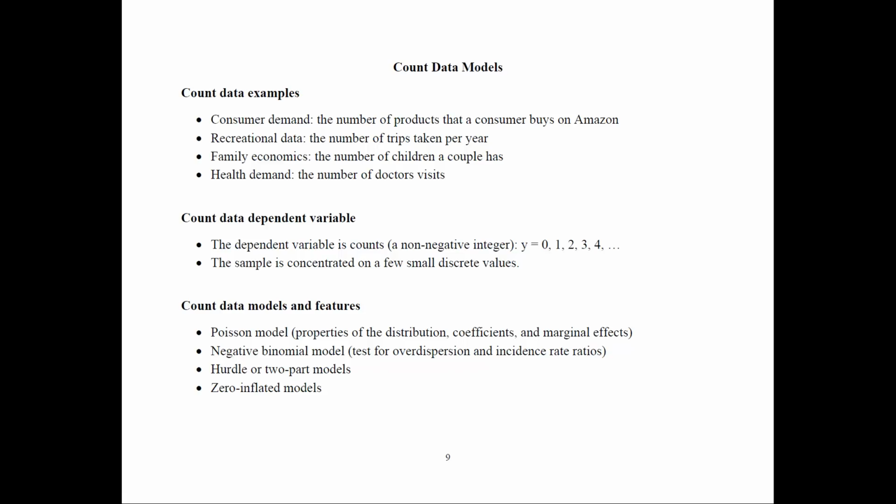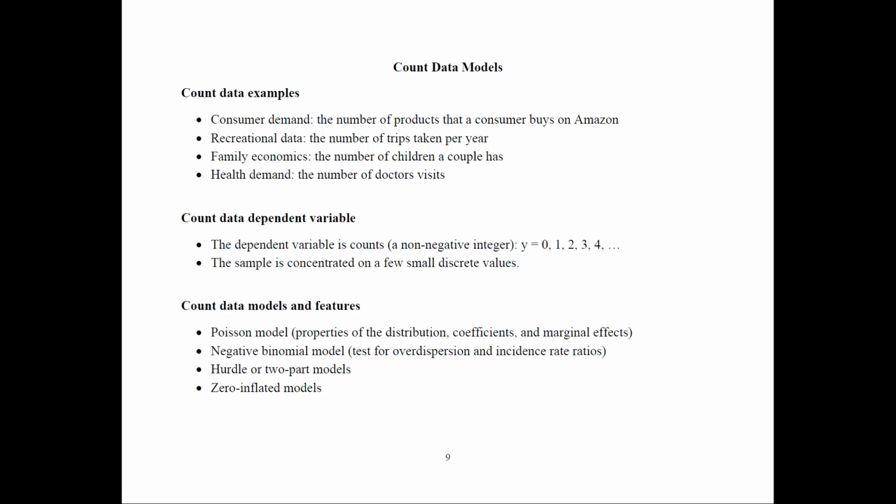Notice that in this case, the dependent variable is counts. It's a non-negative integer, which is 0, 1, 2, 3, 4, and so on, where we have all the sample concentrated on a few small discrete values, such as we have a lot of zeros and lots of maybe from 1 to 10s or something like that.